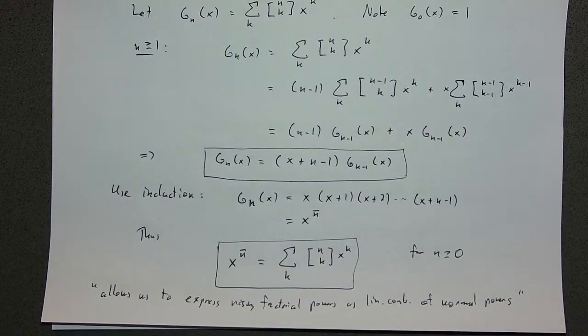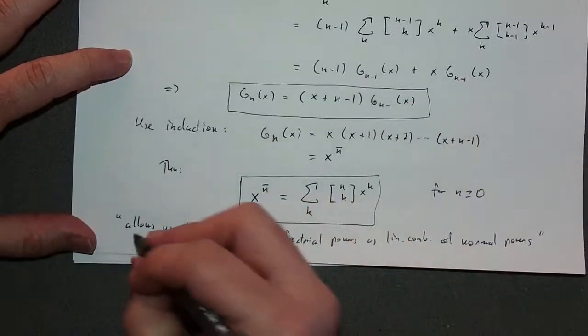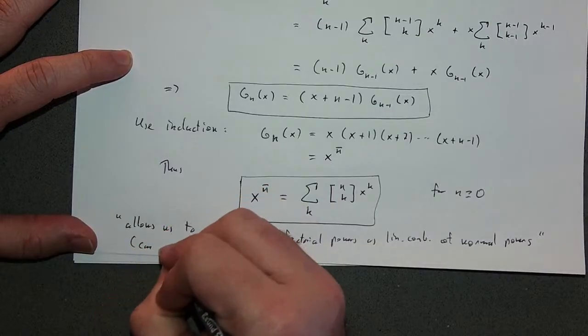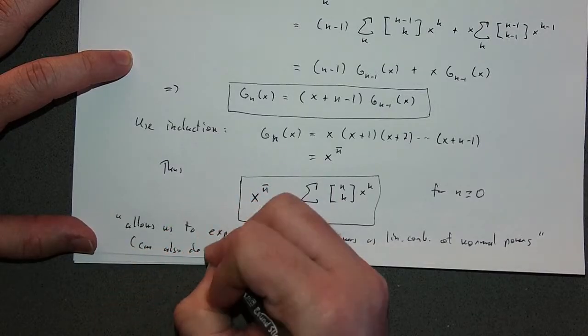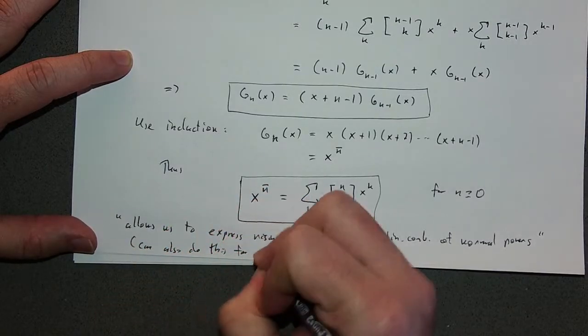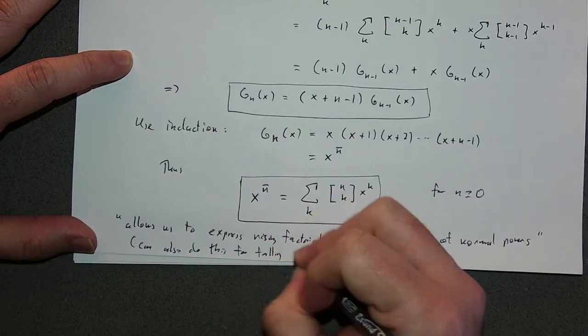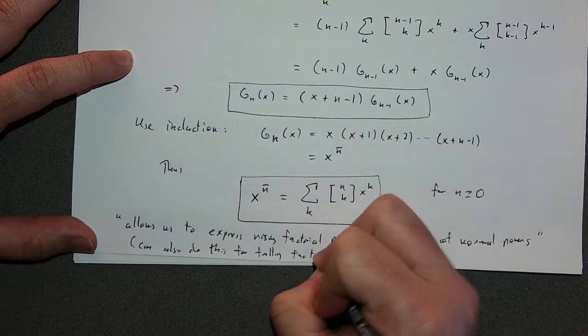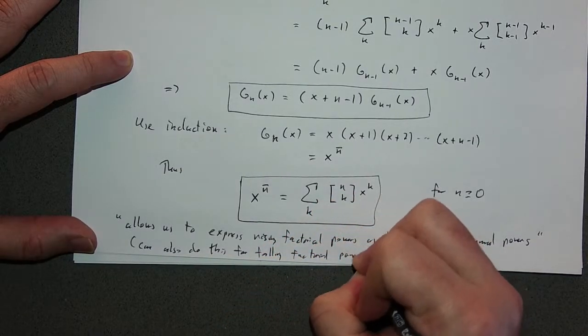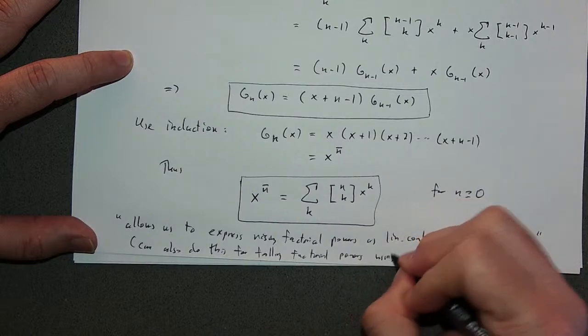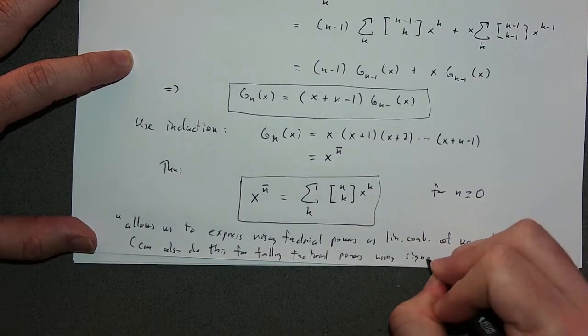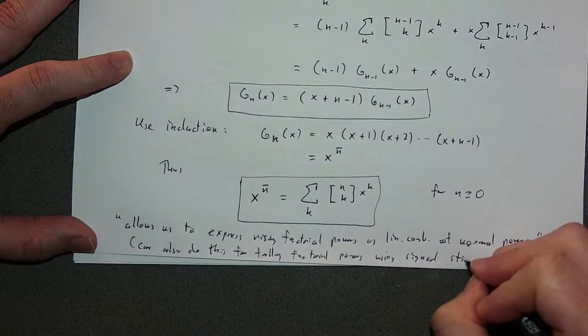We can actually do this for falling factorial powers if we use the signed Stirling numbers.